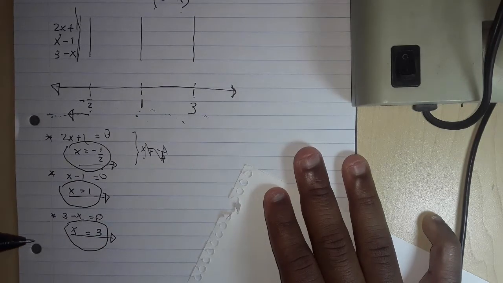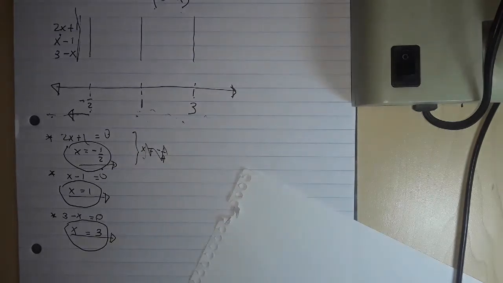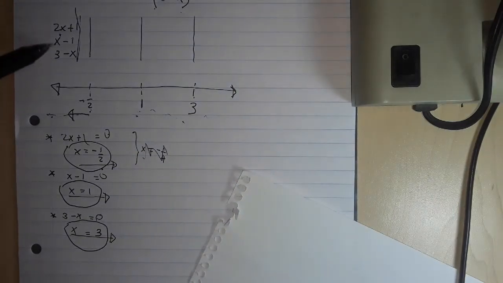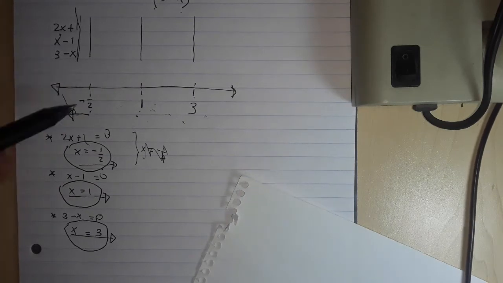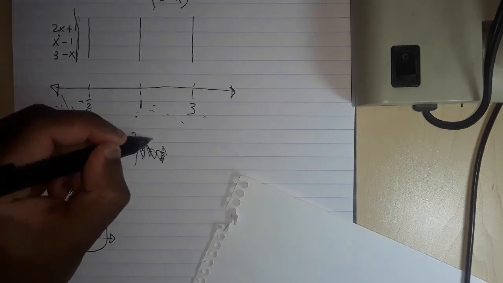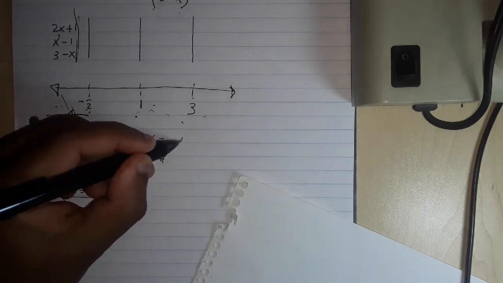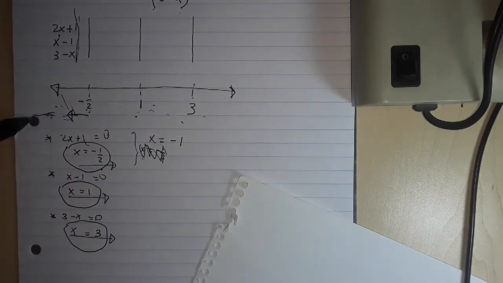So the next thing to do would be to determine the sign impact of these if we have values in each of these regions. To start off, we'll take any value less than minus a half. Let's say, for instance, we take x equals minus 1. Minus 1 lies here.